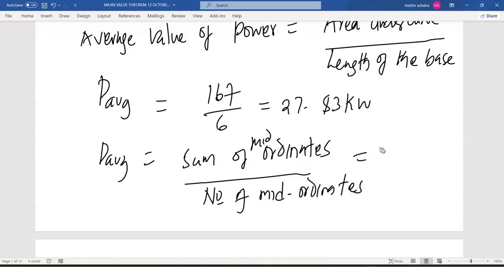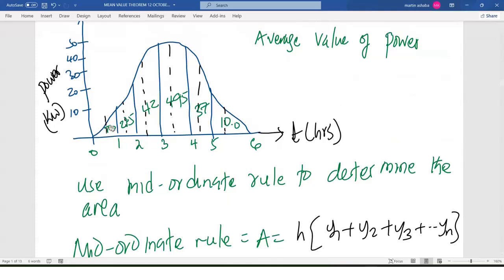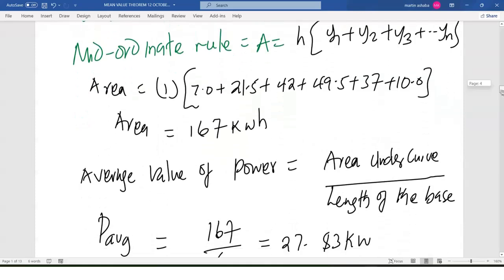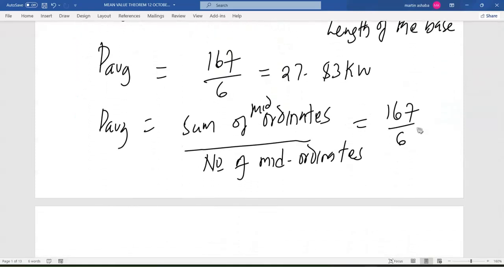So this is going to be 167 divided by the number of mid-ordinates. The mid-ordinates were 6: 1, 2, 3, 4, 5, 6. So divided by 6, this also gives us 27.83 kilowatts, and that's all.